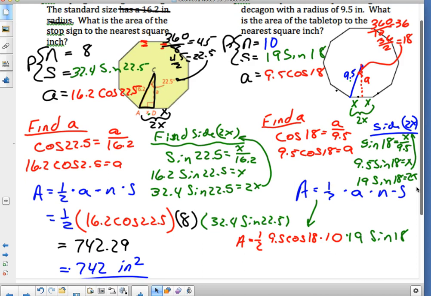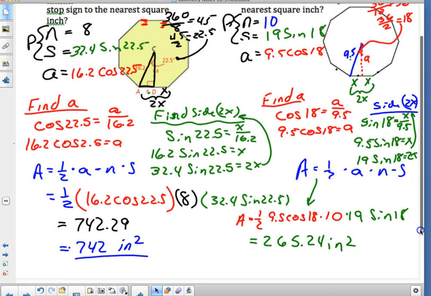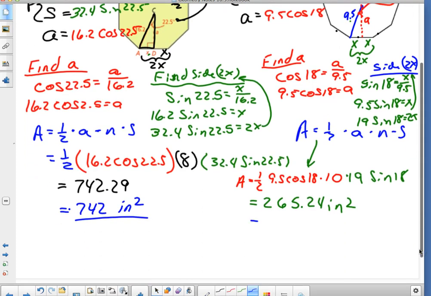Close the right parentheses when you're working with sine and cosine. It's 265.24. And it is inches squared, and oh, they want us to the nearest inch. So it's just 265 inches squared.